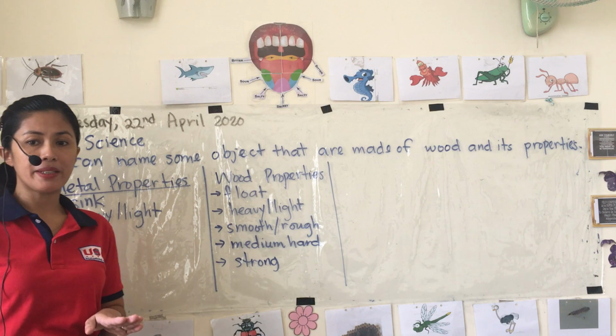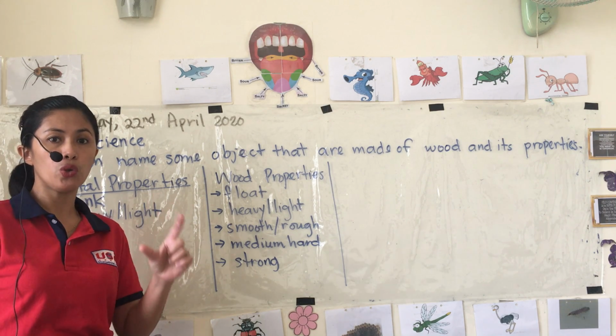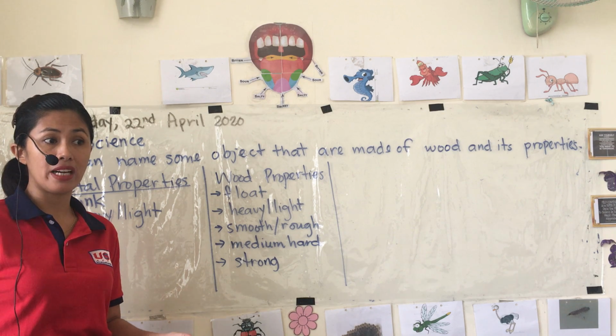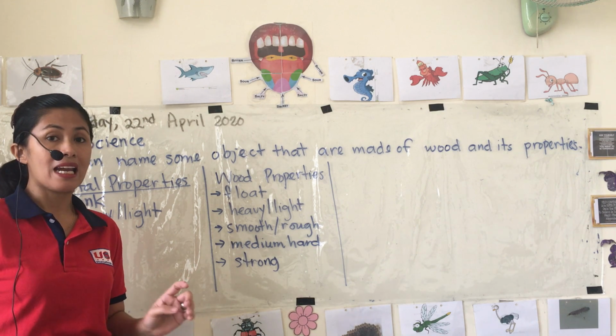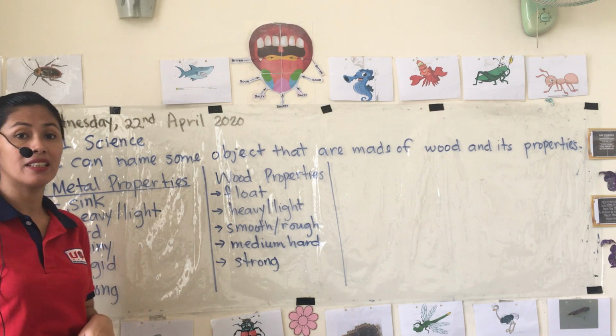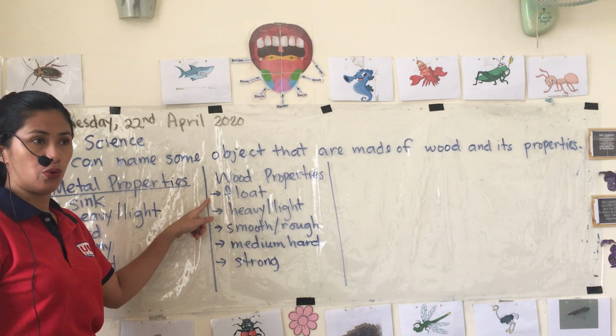From the experiment, sink or float, the ruler that I used is made of wood. Remember the ruler, does it sink or float? It floats, right? So wood can float.